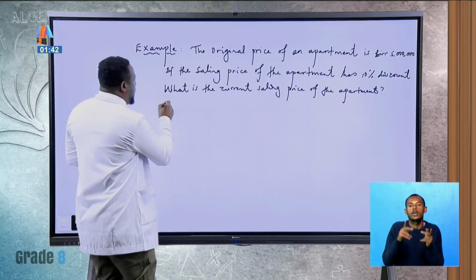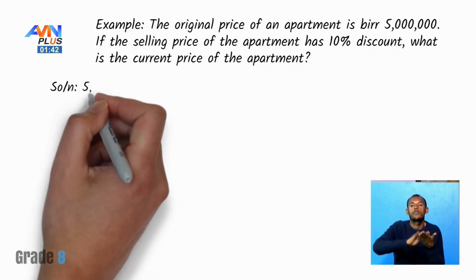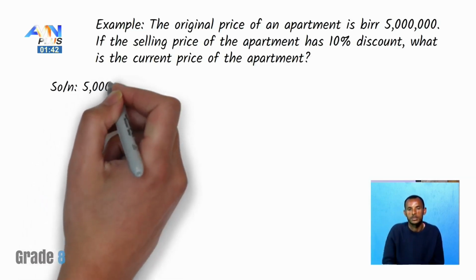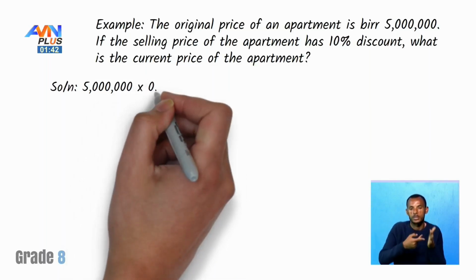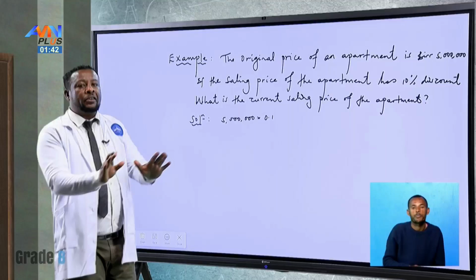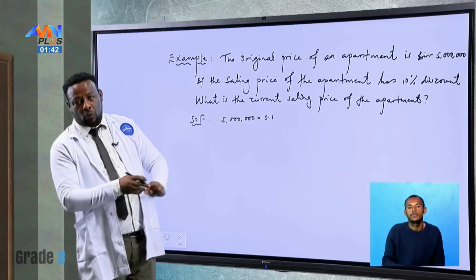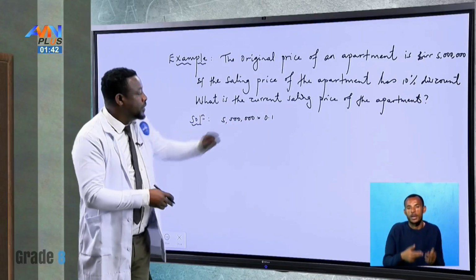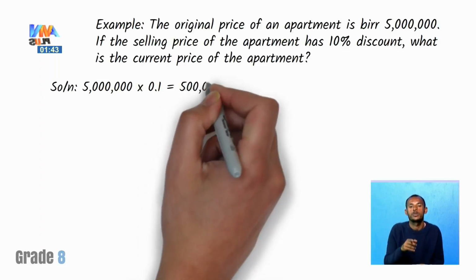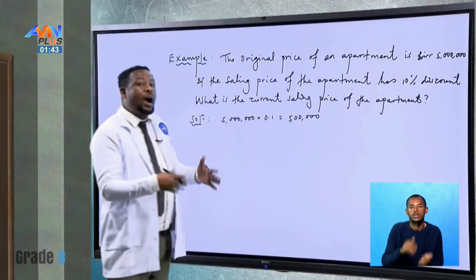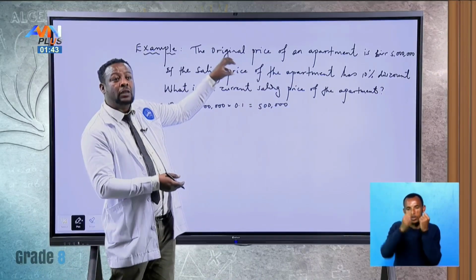So multiply 5 million by 10%. You need to convert this 10% into decimal form, and 10% is 0.1, or 10 over 100. When you multiply, the result becomes 500,000 birr. This is the discount based on the information that we have here.